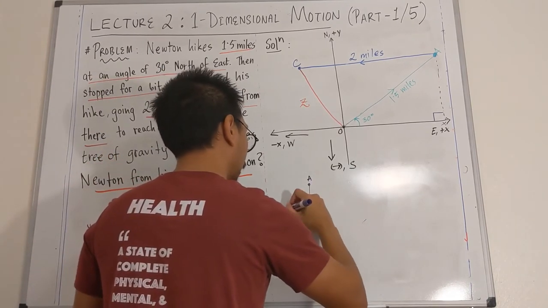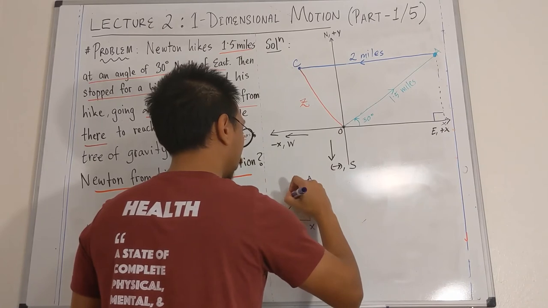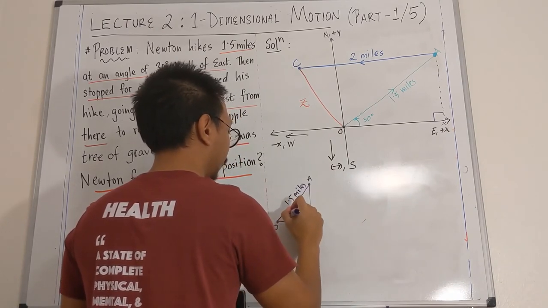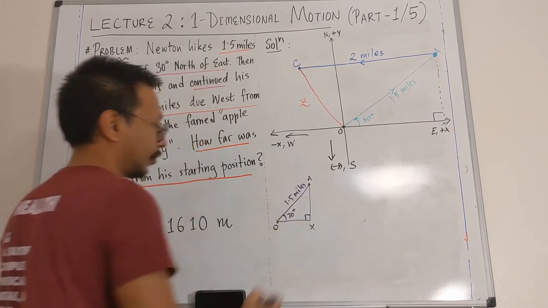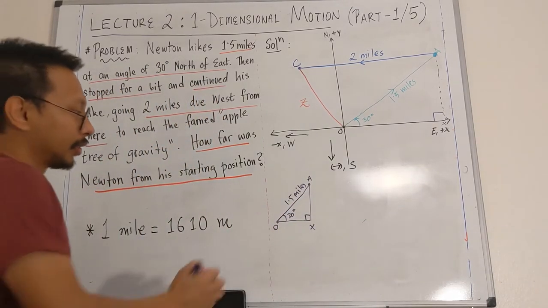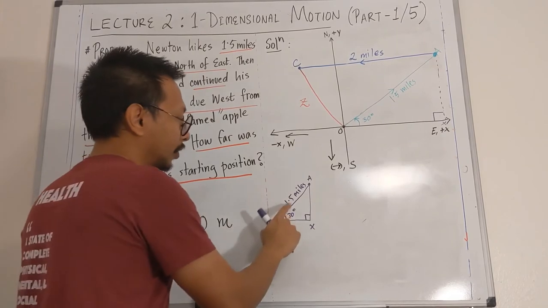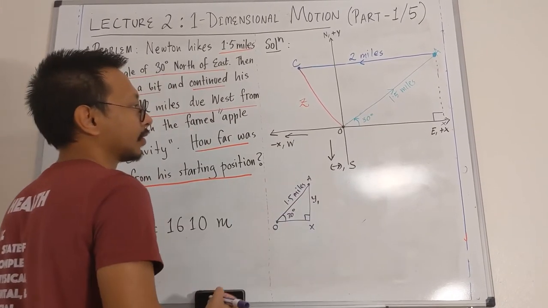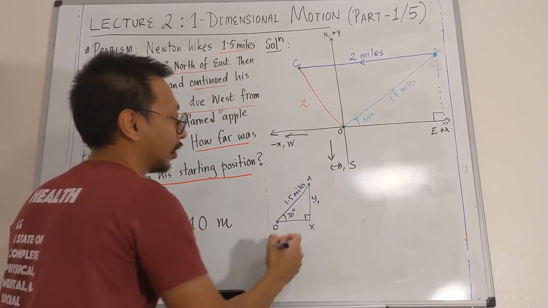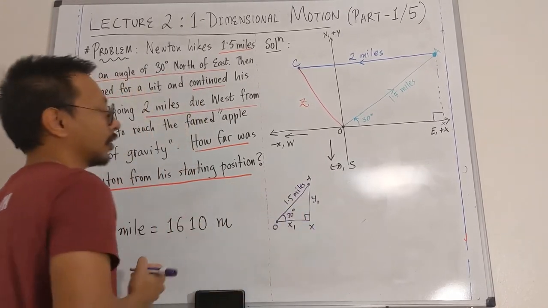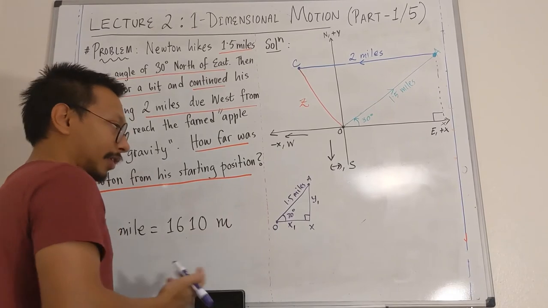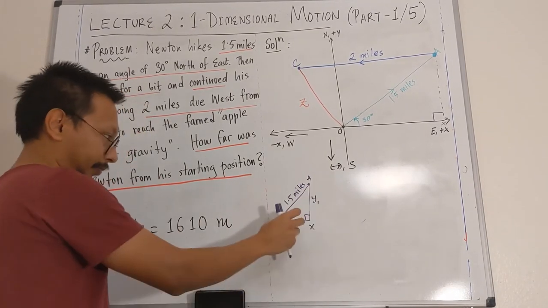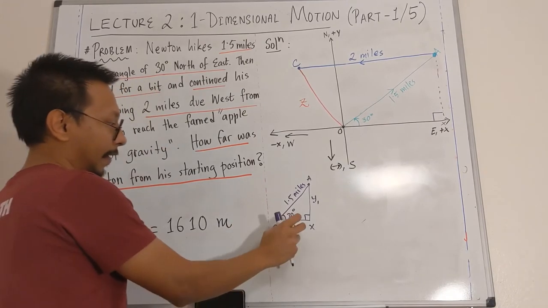So this line represents 1.5 miles, and also we have the angle here, and we know that this is a right angle. So how does that help? It helps to use basic trigonometry to find this distance. Let's call this y1, and this distance, let's call this x1. So why are we finding these? We'll shortly find out.